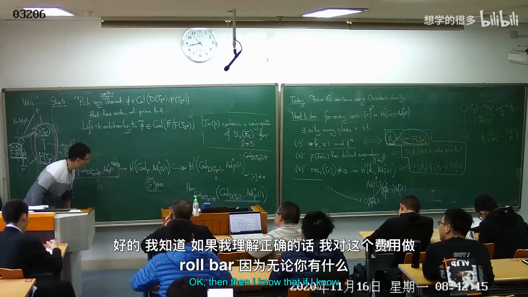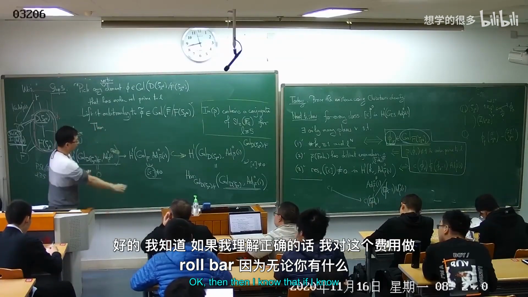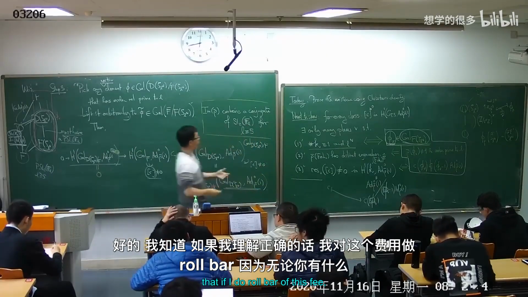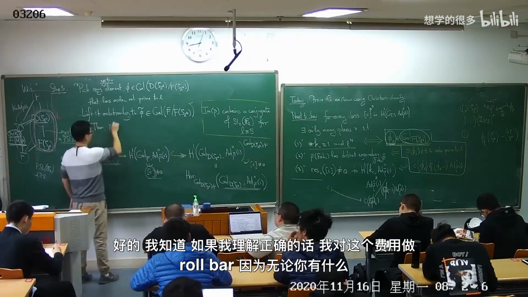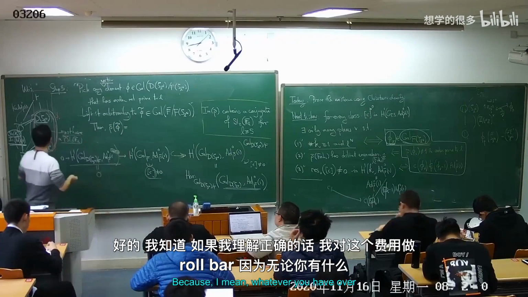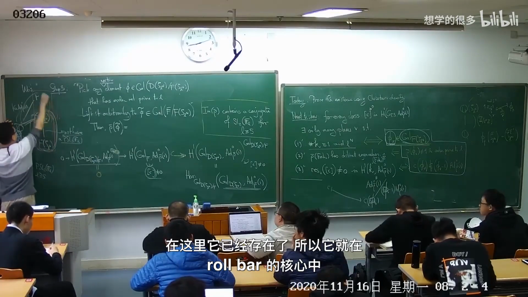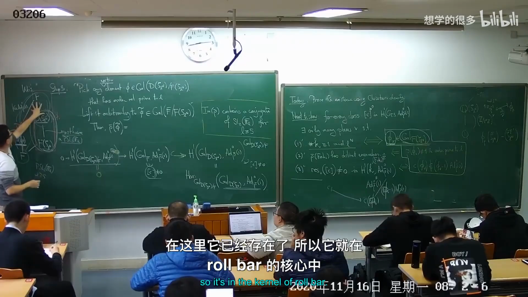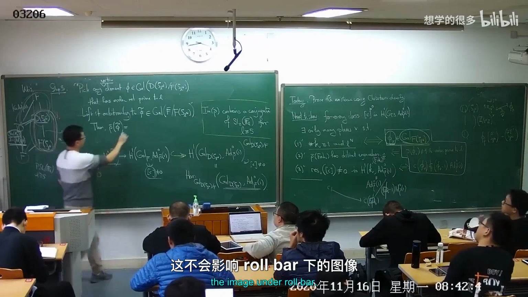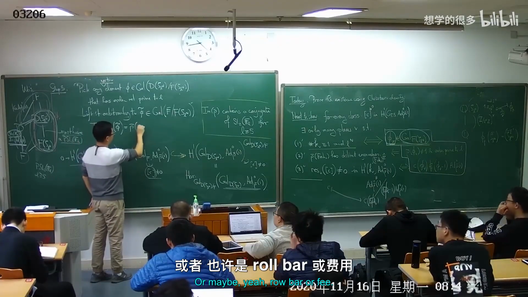Then I know that if I apply rho bar to this phi tilde, because whatever you have over here is already in the kernel of rho bar, however you lift it doesn't really matter. It does not affect the image under rho bar of phi.